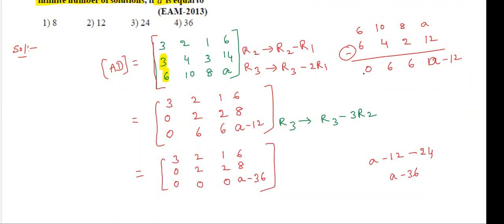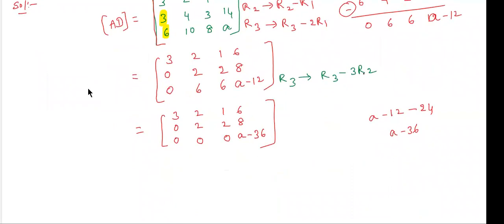But observe the coefficient matrix. The third row is completely 0. So finally what I am saying here, rank of A is equal to rank of AD. Both the ranks are equal to 2, that is less than 3. Rank of AD is 2 only when A minus 36 is equal to 0.